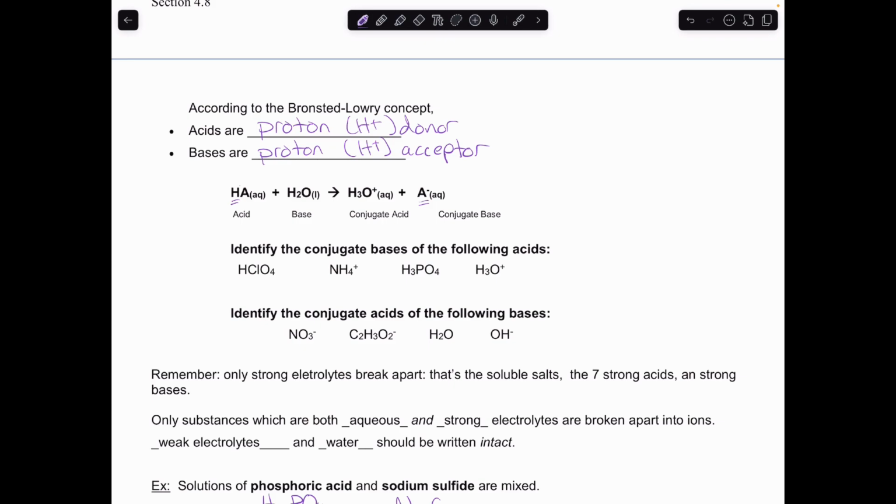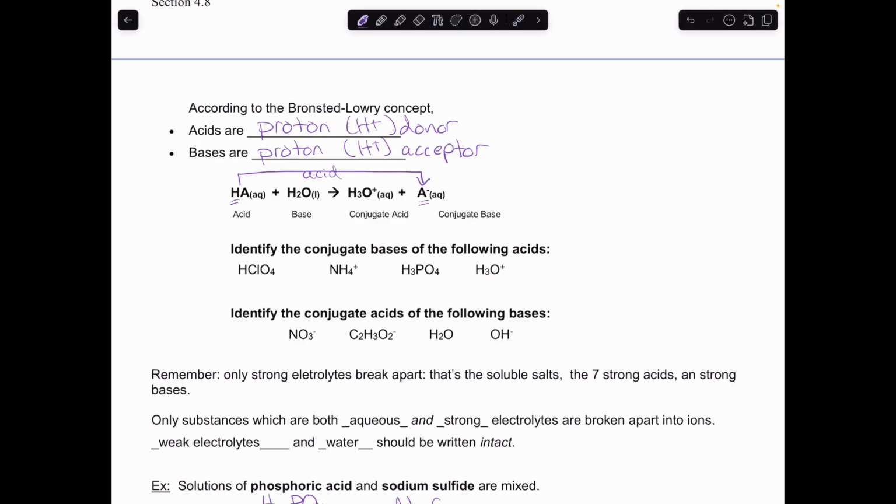It has lost that hydrogen ion. So from beginning to end, I can identify this as an acid because it has done what acids do. It has donated a hydrogen ion. It has one less, and it has a negative charge as a result of losing that positive thing.